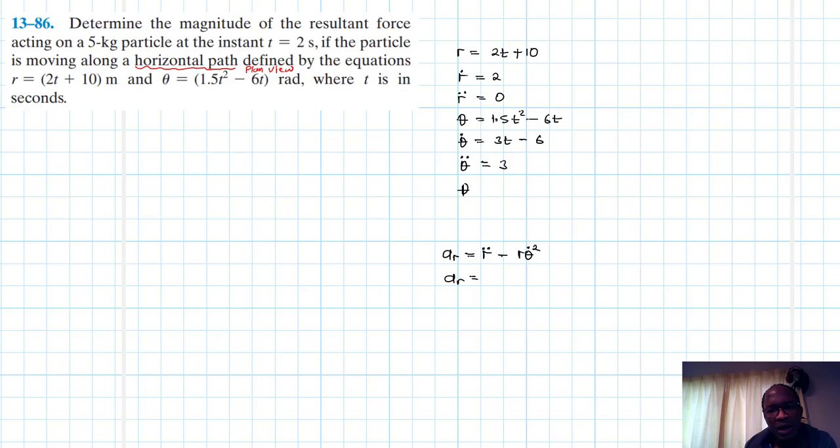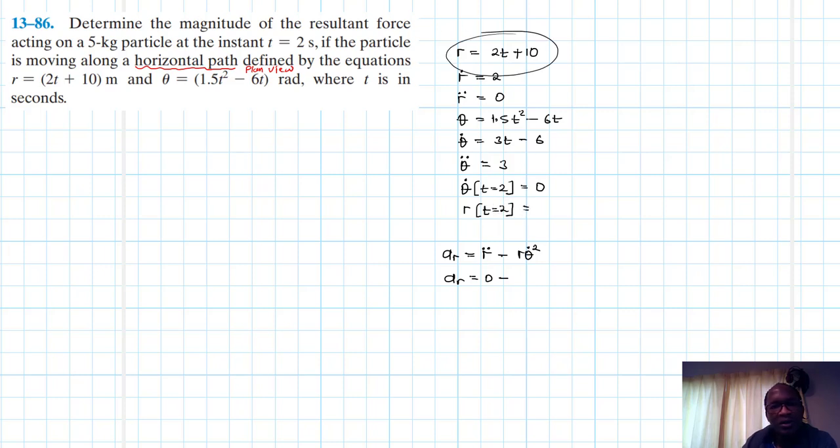So theta dot at t equal to 2 seconds, using this here, just gives us 0. Therefore our ar is just 0 minus r theta dot squared. Let's find r also at t equal to 2 seconds.